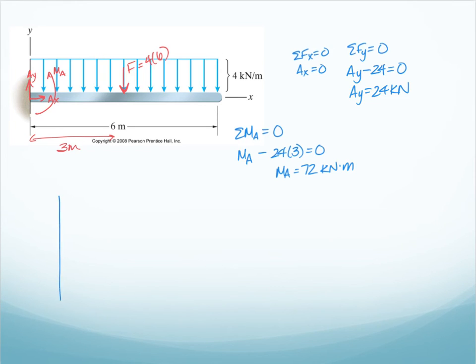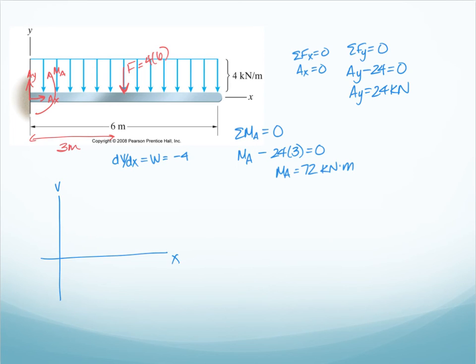So I'm going to do V as a function of x, and what I'm going to remember is dV/dx, the slope of this, is equal to the distributed load, which for us is minus 4. It's minus because it's pointing down. And so what we're saying is that the slope of the shear force diagram is going to be -4.